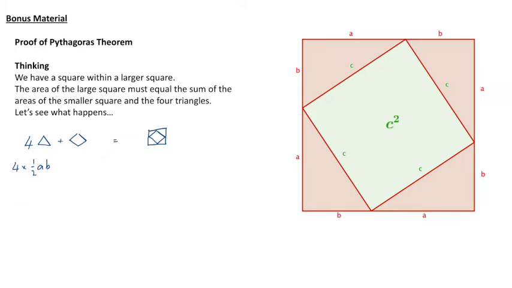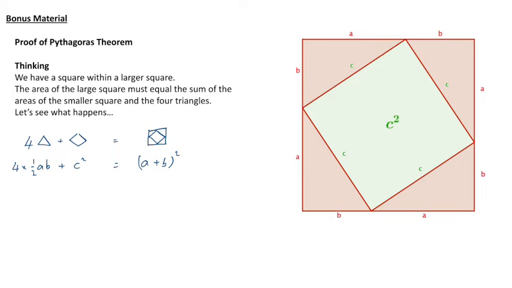And then of course the green square is just C squared. The sides are C, so it's C times C. And for the whole shape we've got a big square, and each side of that is A plus B. So its area must be (A plus B) squared.